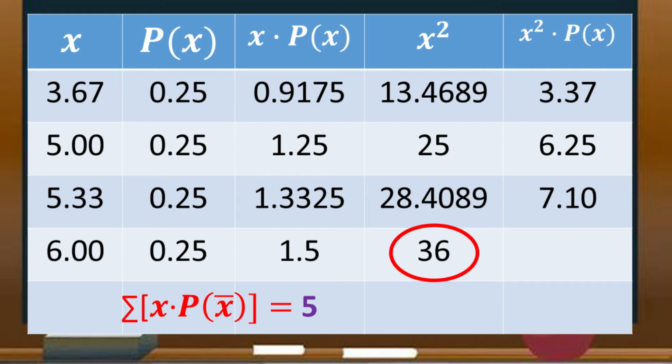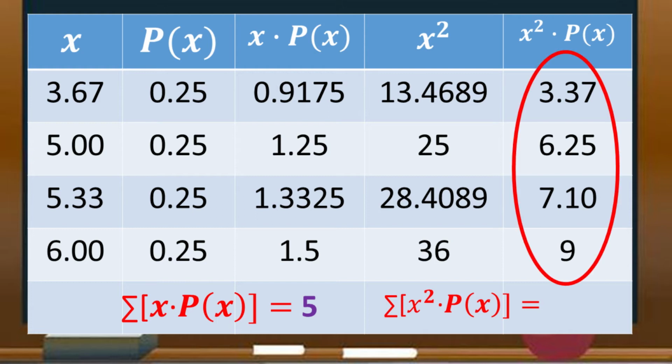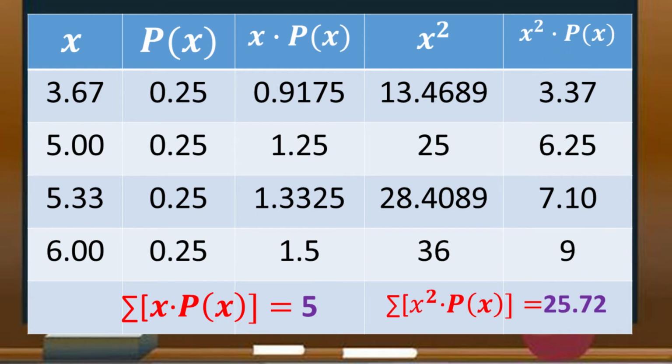And 36 times 0.25 is equal to 9. Then get the summation of x squared times p of x. Add all these values, and we get 25.72.